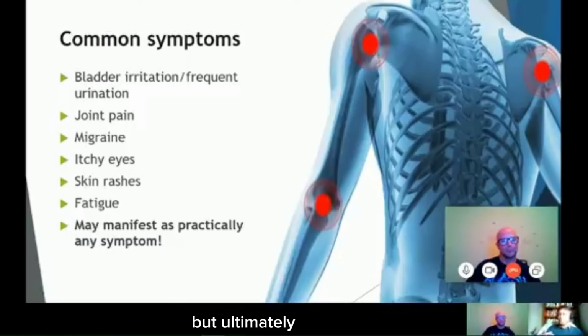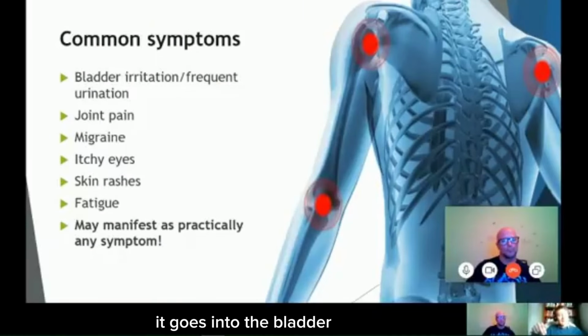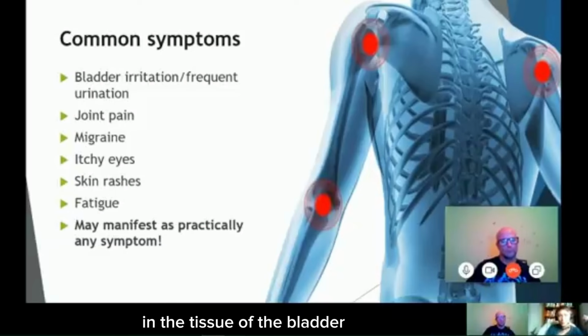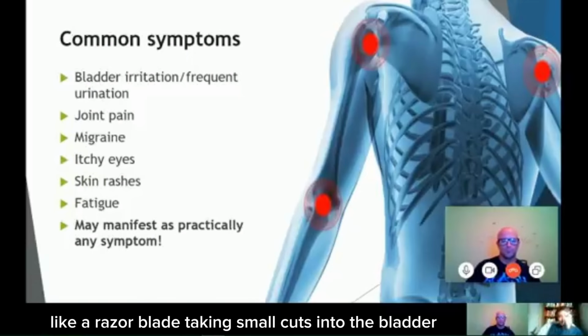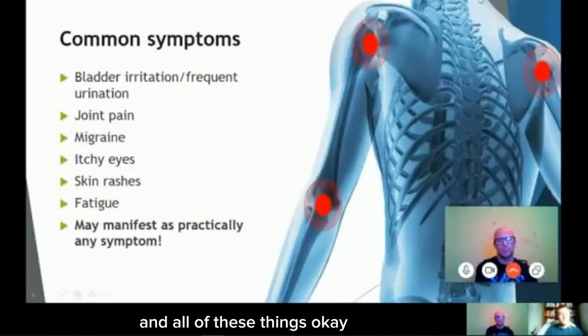But as I said, after oxalate is excreted through the kidneys, it goes into the bladder. When it gets there, these crystals can lodge in the lining of the bladder, in the tissue of the bladder, and throughout the urinary tract. Imagine a razor blade taking small cuts into the bladder, you're going to cause inflammation and irritation.